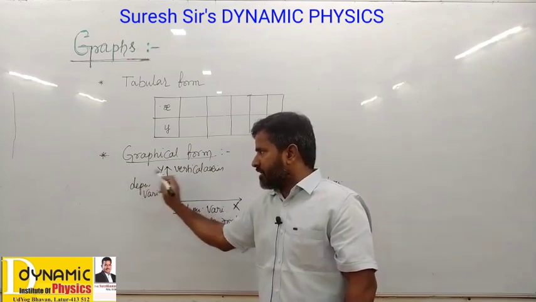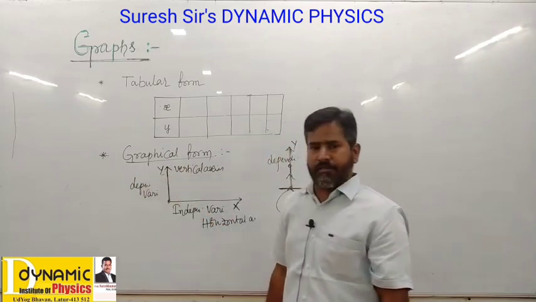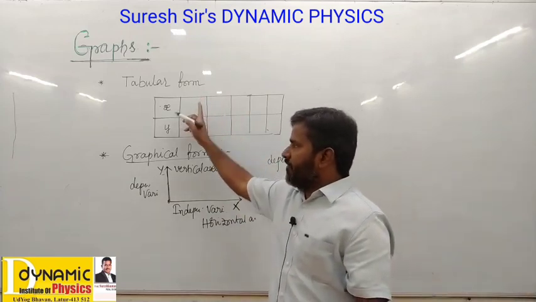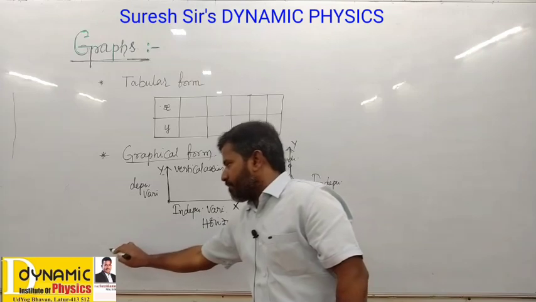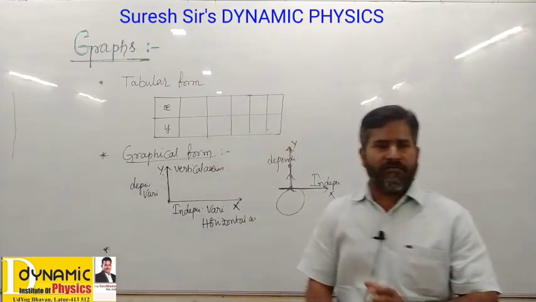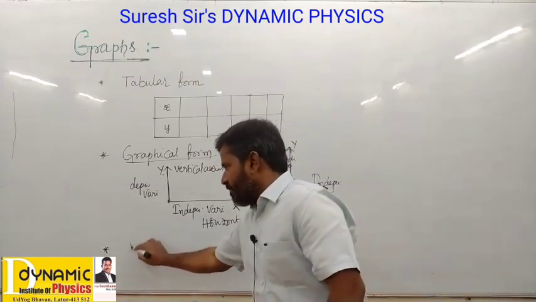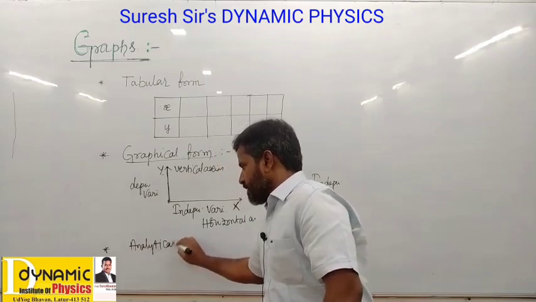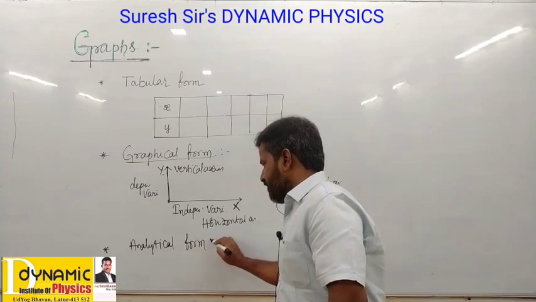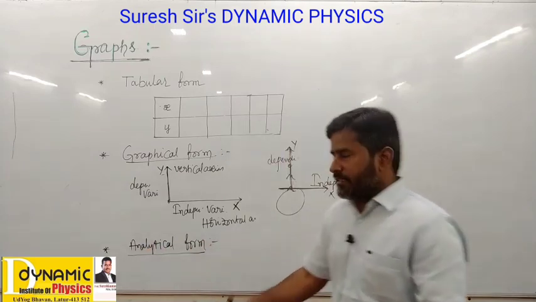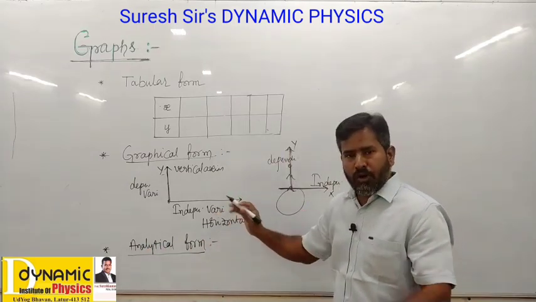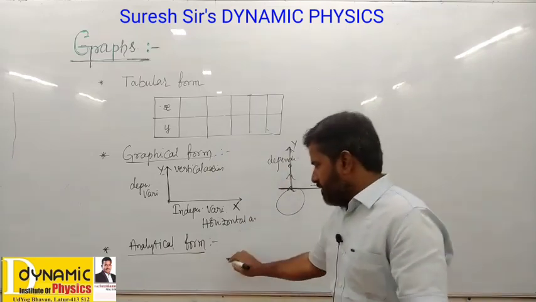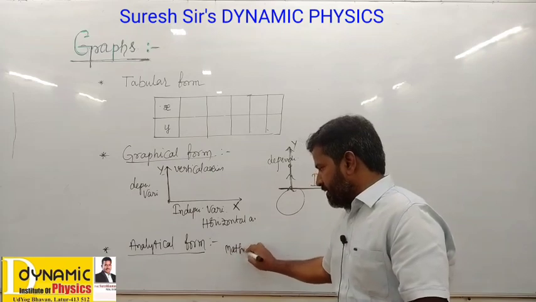This is the second one. The first is tabular form, the second is graphical form, and the third is analytical form. Analytical form means mathematical form: which type of mathematical equation the graph shows. For example, a mathematical equation.